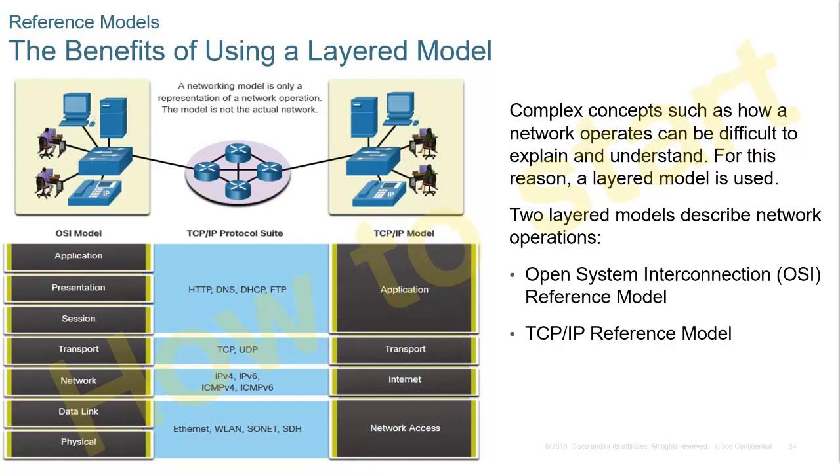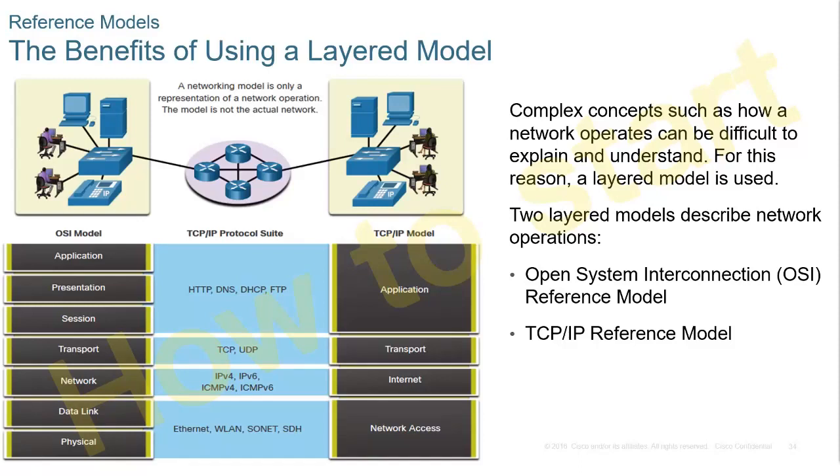So if we're talking HTTP, we know that's going to be in the application, presentation, and session layer groups. If we're talking TCP or UDP, we know that's going to be the transport layer for the OSI or the TCP/IP model.